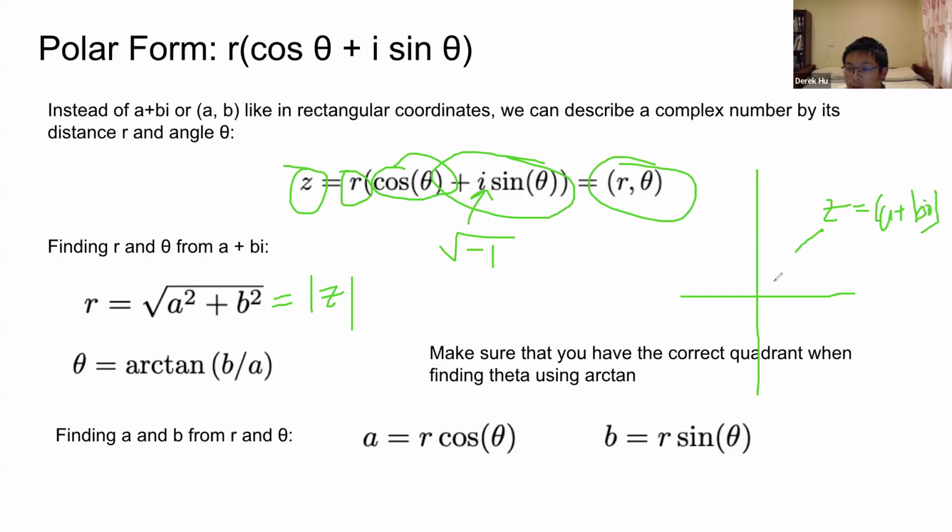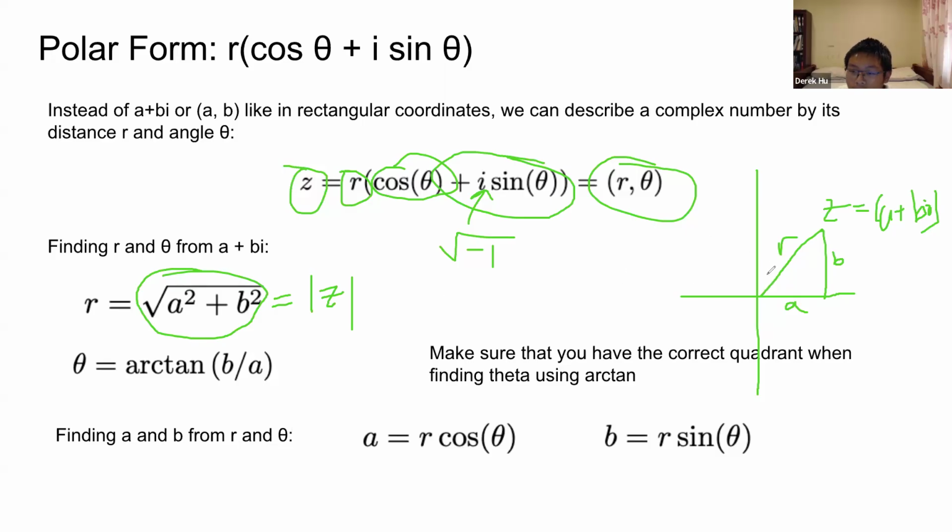So then we can draw it like this, and then in the real dimension there's a, and then on the imaginary dimension there's b. So we can see why this is true. We have the radius or r, which is the distance, this here, right? And then we can find this just using the Pythagorean theorem, right? a squared plus b squared equals r squared, and take the root.